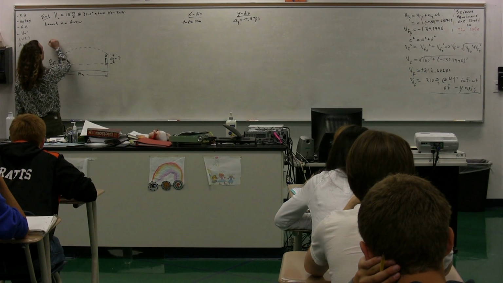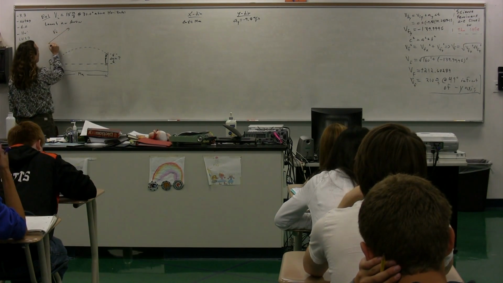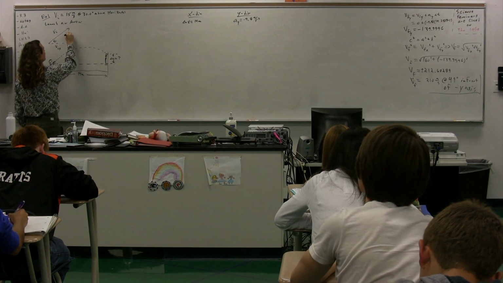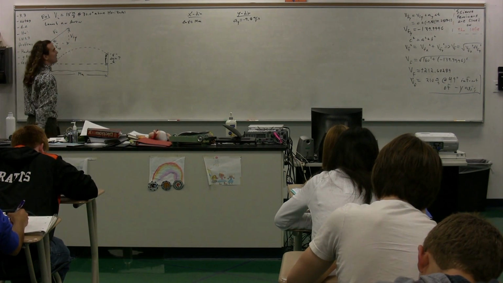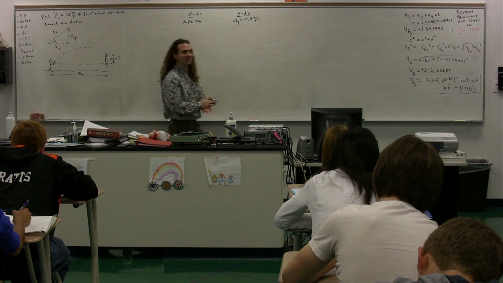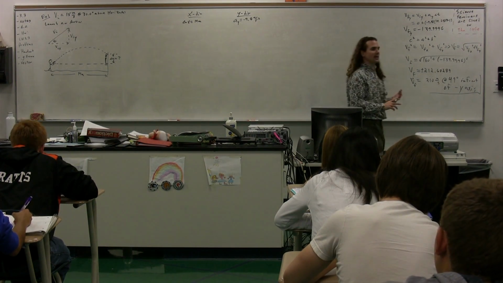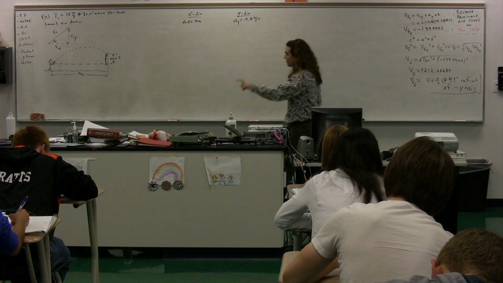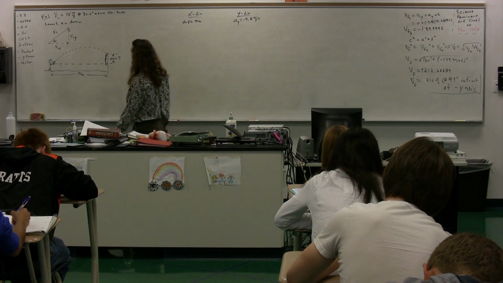We have an initial velocity at a certain angle theta. We need to figure out the initial velocity in the x direction and in the y direction. Remember, anytime you're given a vector that's neither directly in the x direction nor the y direction, the first thing you do is break it into its components. Trevor, please break the initial velocity into its components.